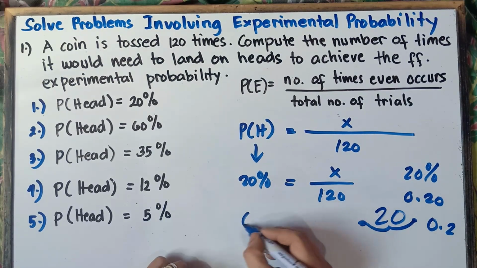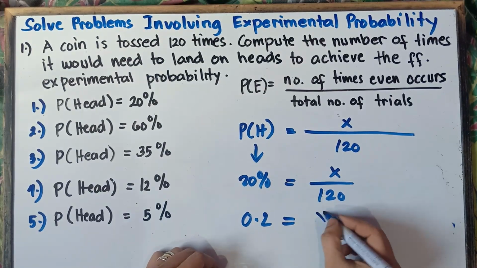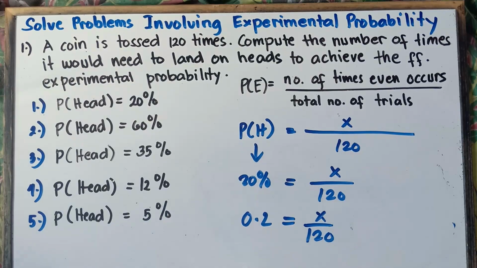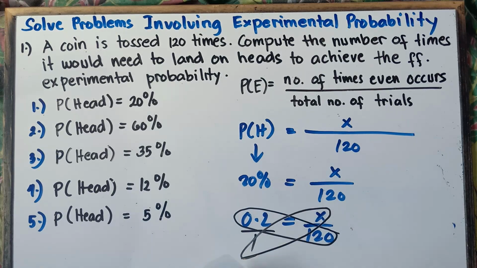So 0.2 is equal to x over 120. To get the value of x, we simply cross multiply. Understood that there's a 1 here.